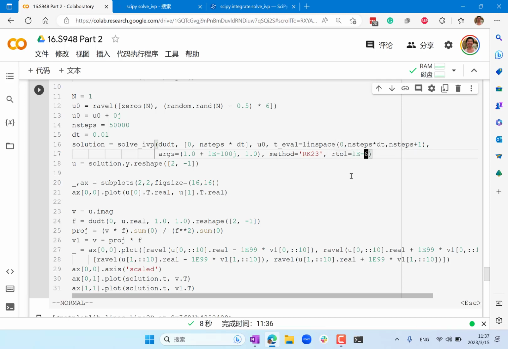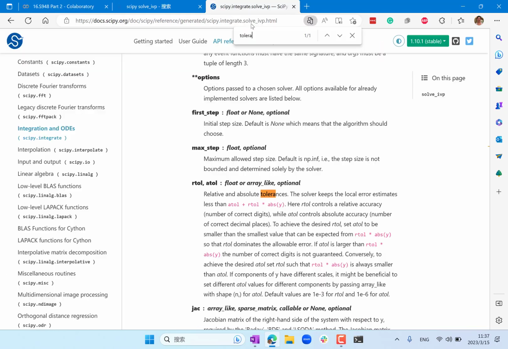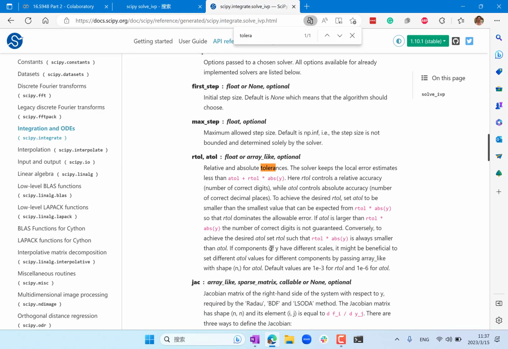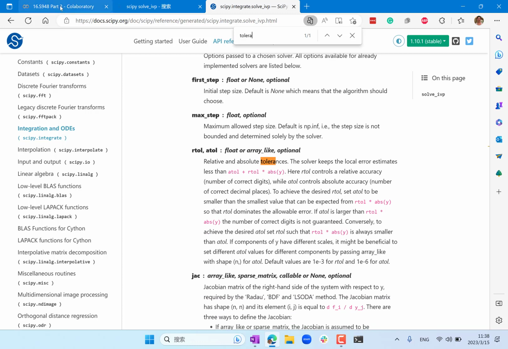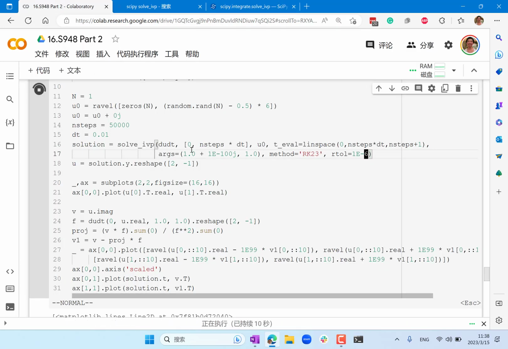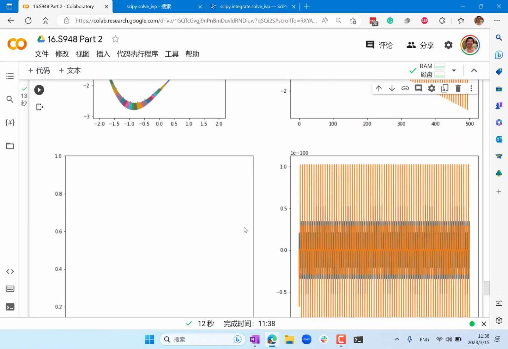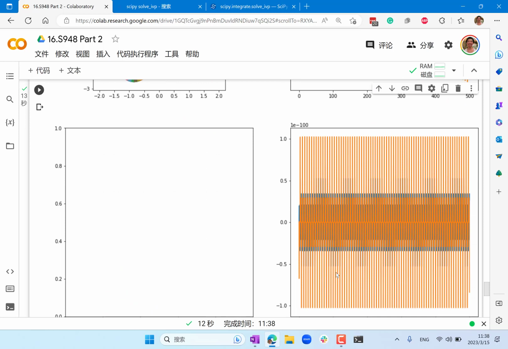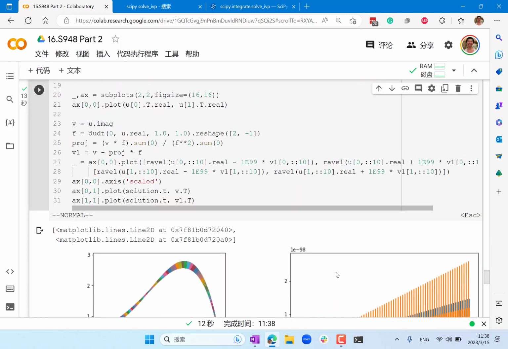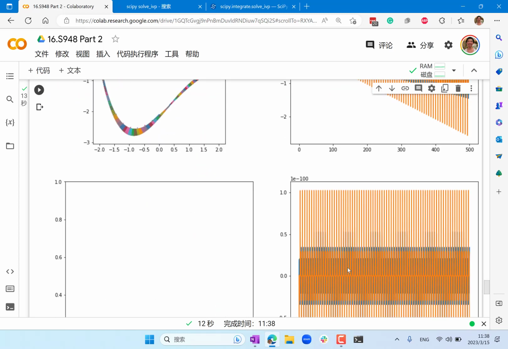For example, let's see what the default is. Right, the default is 10 to the minus 3. So if we specify a tighter tolerance, we should see that the projected linear solution actually stays at a fixed magnitude for much longer. Basically, it shows that the original linear growth we have seen on the projected tangent solution is actually due to the time integration not being precise, right?